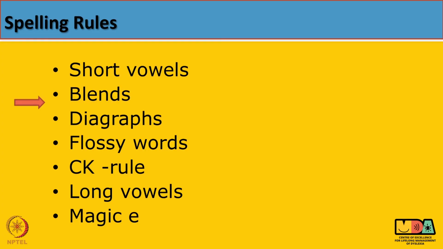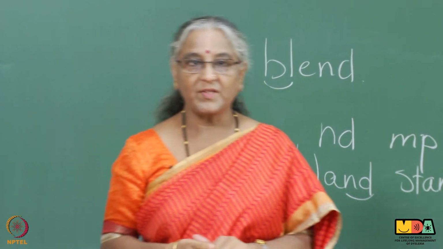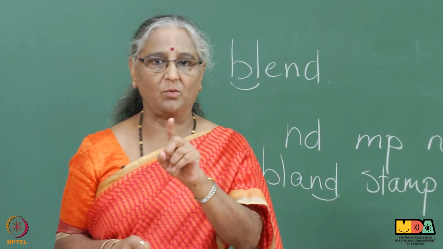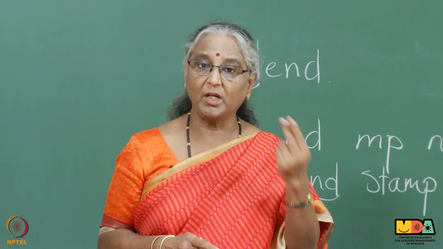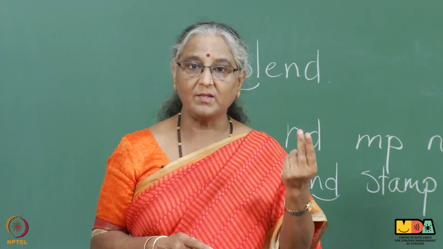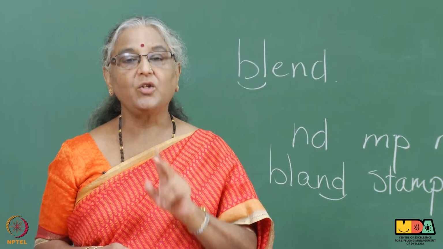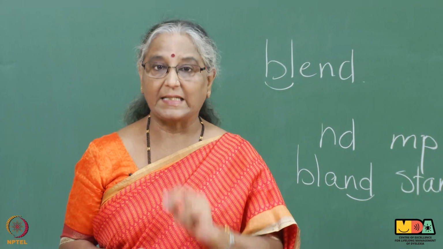The next terminology that we will come across is your digraphs. Now, what are digraphs? Digraphs are when you have two consonant sounds coming together, but you can hear only one sound. Blend is different. In a blend, you can hear both the sounds, whereas when two consonant sounds come together and you can hear only one sound, that is your digraph.